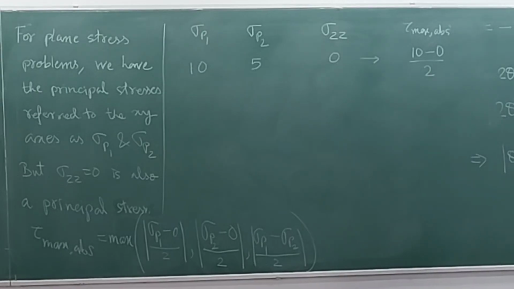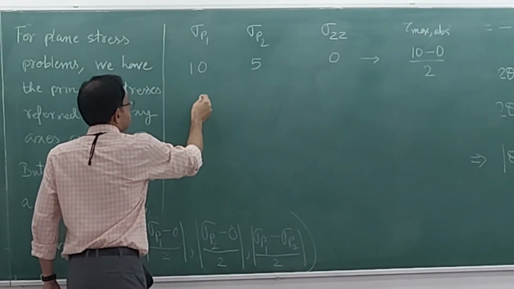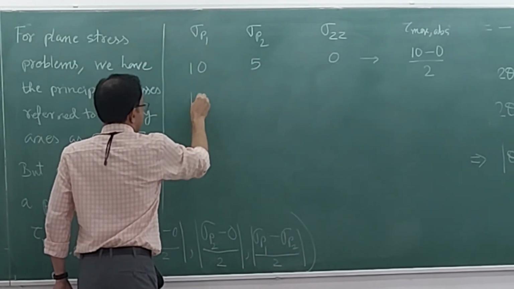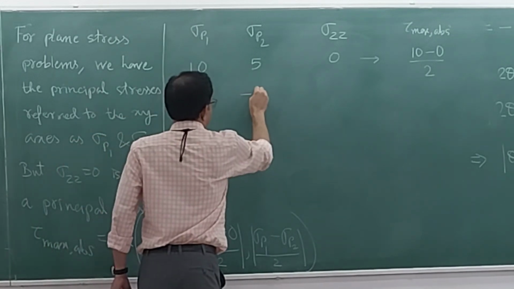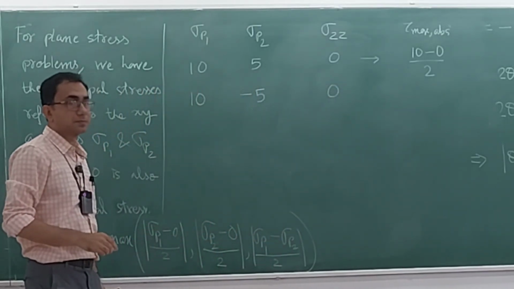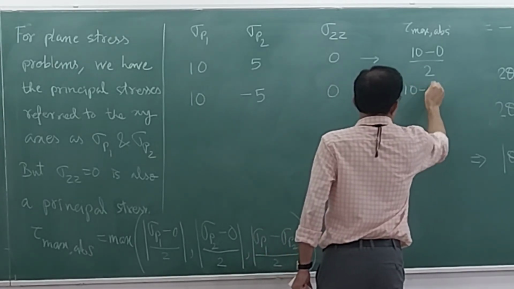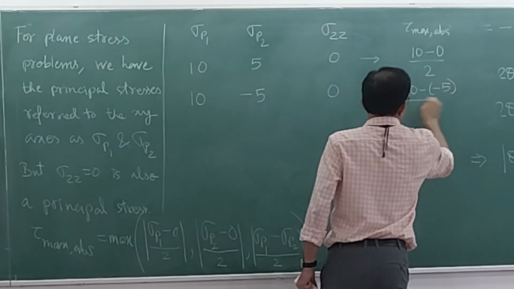Okay, this is the tau max absolute. If this is, let's say, 10, minus 5, 0, then what is it? Then it is 10 minus of minus 5 divided by 2.